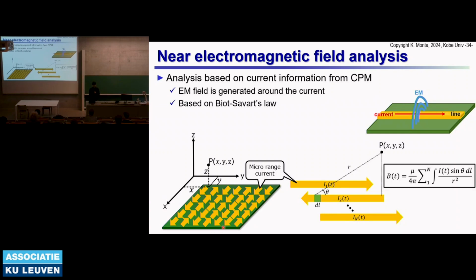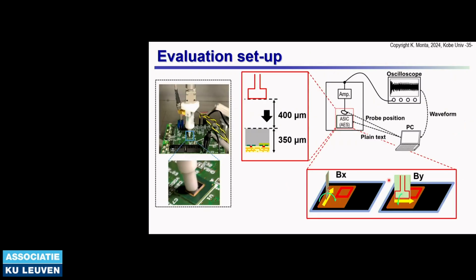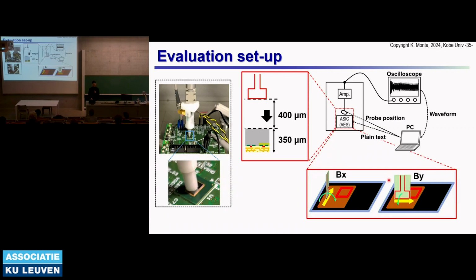And using this power current information, you can calculate the magnetic field using the Biot-Savart law, and you can get the electromagnetic waveforms too. This is how to simulate the near-field electromagnetic fields using the power model simulation.